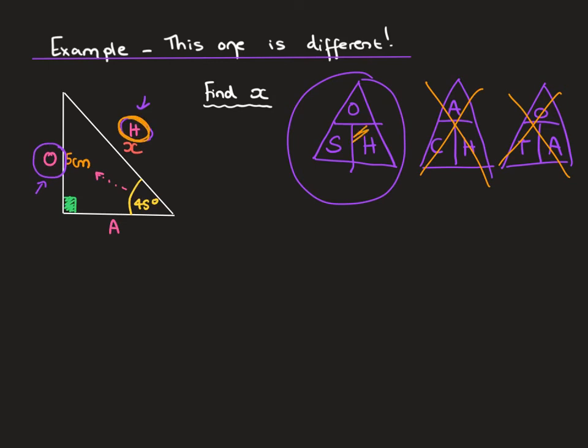So I cover it up. But this time, look at the formula triangle. There's no multiplication here. It's O divided by S. So H is O divided by S. But what is O? It's 5 centimetres. What does S stand for? It stands for sine of my angle. So I now need to do 5 divided by sine 45.